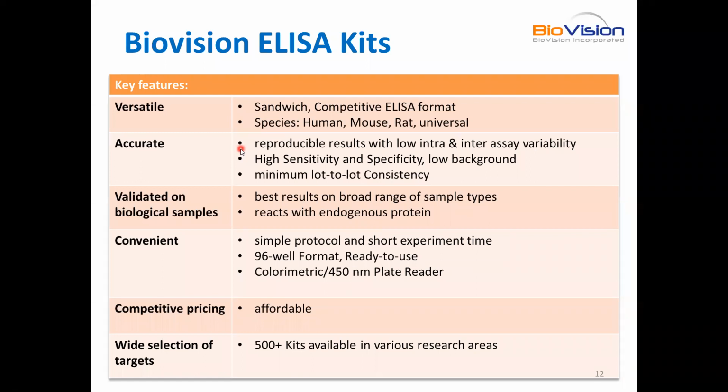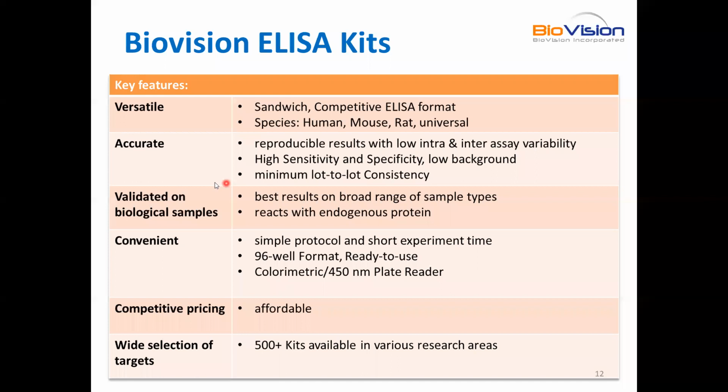All of our ELISA kits are highly versatile. They are available in different formats like sandwich ELISA or competitive ELISA. We offer ELISA kits for different sample species like human, mouse, and rat, as well as universal kits that can be used for any sample species.